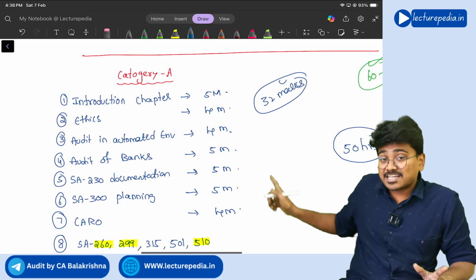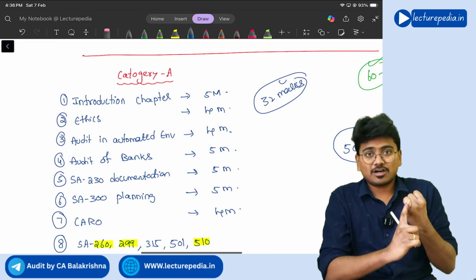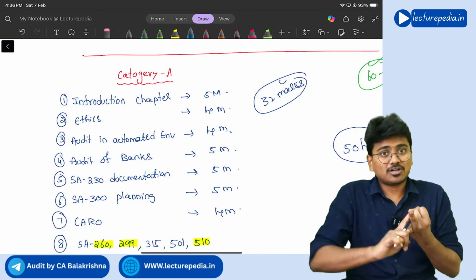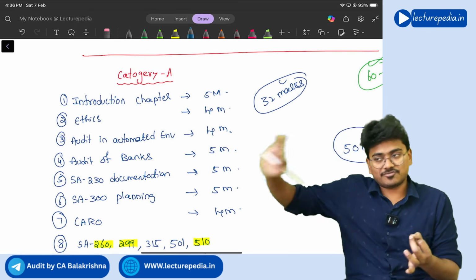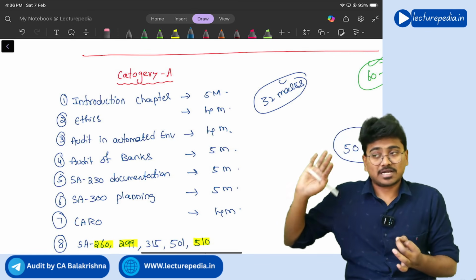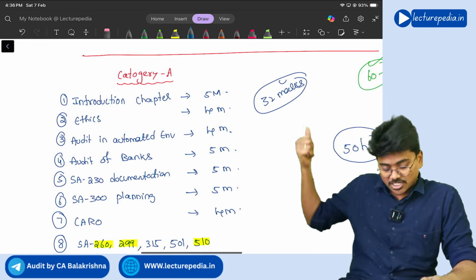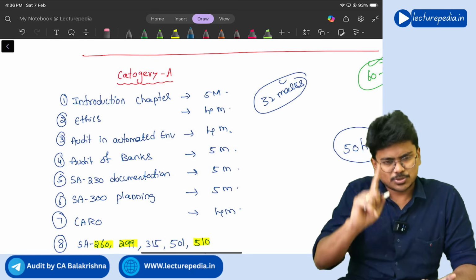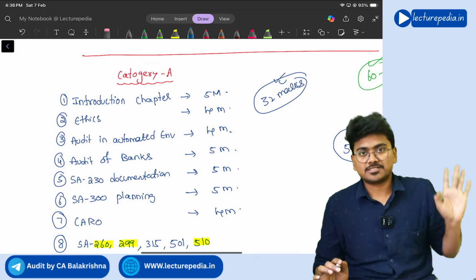These 7 A category chapters don't include audit of different entities and audit of different items of financial statements. That is separate. From those 2 chapters, for sure you will get 15 to 20 marks, separately. Apart from those 2 chapters, there are 7 chapters, and for sure you will get 32 marks minimum.